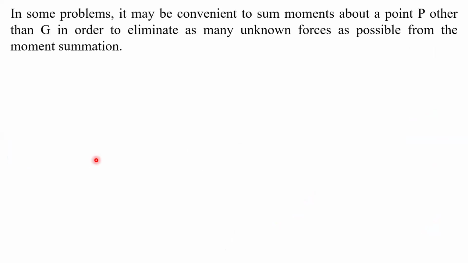In some problems, it may be convenient to sum moments about a point P other than G in order to eliminate as many unknown forces as possible from the moment summation.